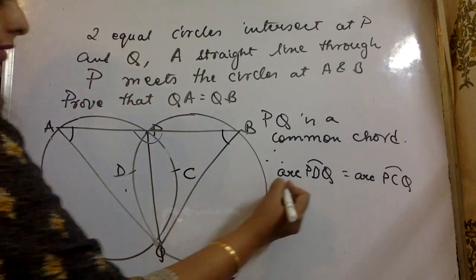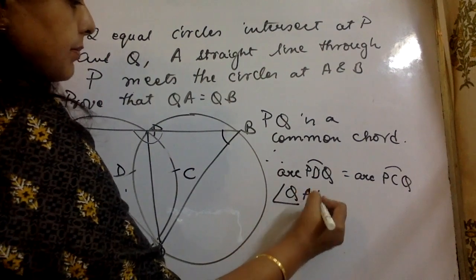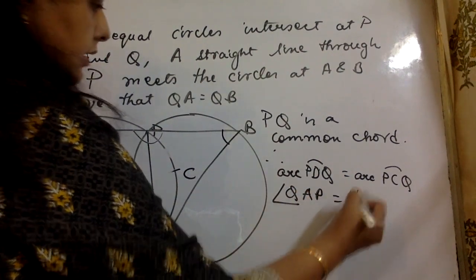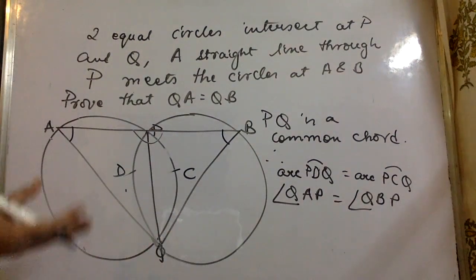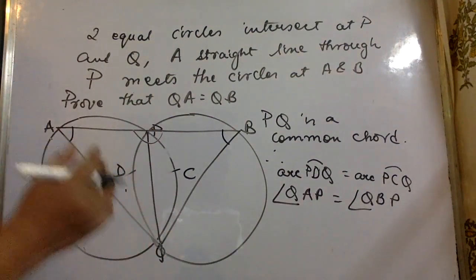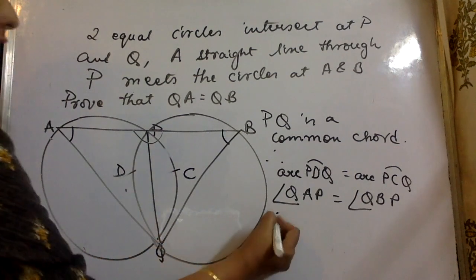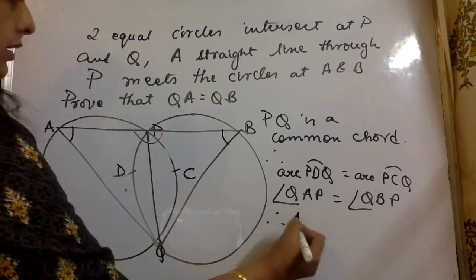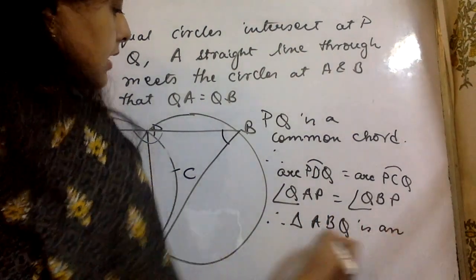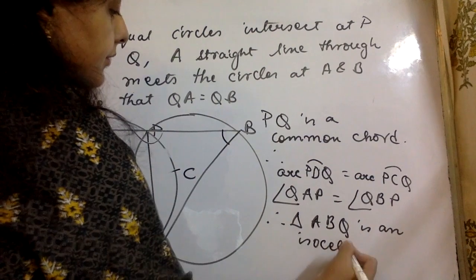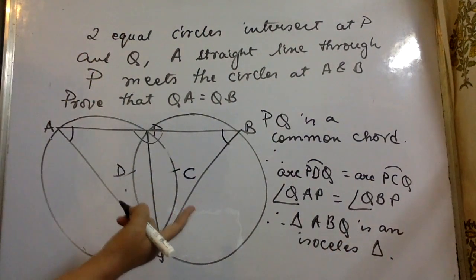Then angle QAP is equal to angle QBP, because equal arcs subtend equal angles if the circle is the same or if the circles are equal. Therefore triangle ABQ is an isosceles triangle.